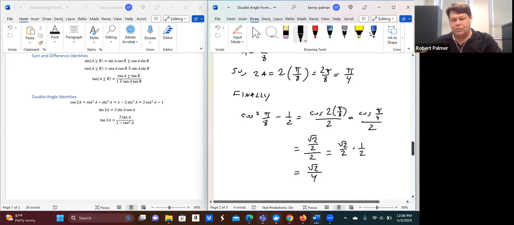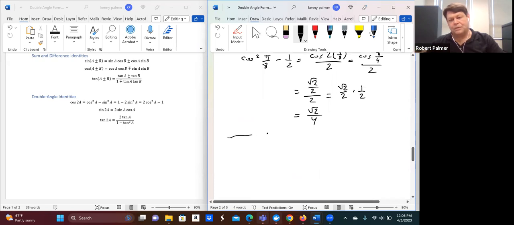Let's go down here and look at our next example. This actually means something a bit different.